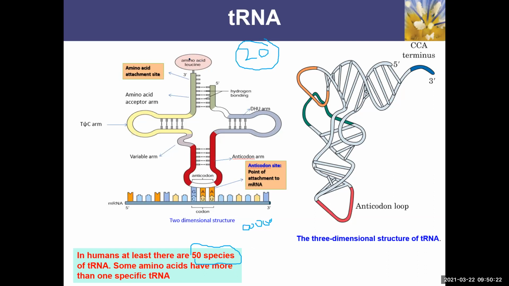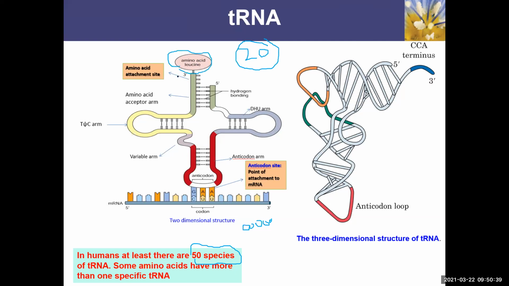It's very important. In a while, we'll talk about the charging of tRNA by the enzyme amino acid tRNA synthetase. Remember that it's the 3' site on the tRNA to which the amino acid binds.